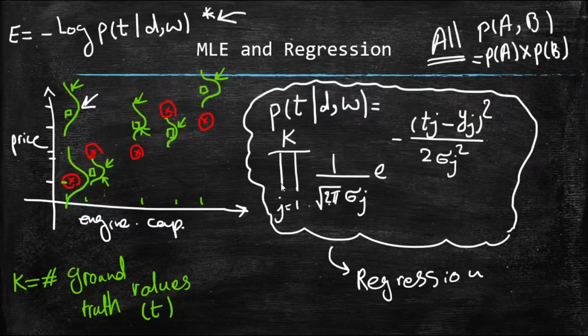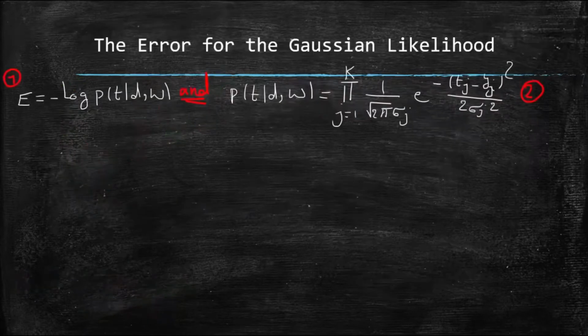I assumed a Gaussian distribution, and since my target values are independent of each other, the total likelihood of observing all of the target values equals the multiplication of the likelihood of observing each one of my target values, or my ground truth values. Right, so let's work at this problem.